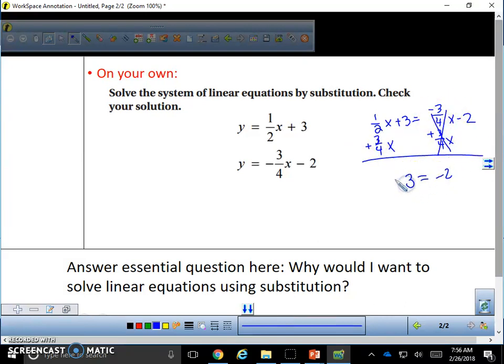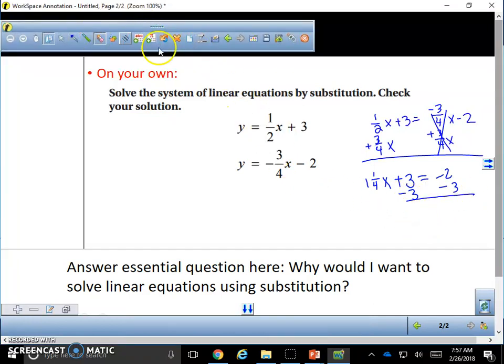Okay, 1/2 x plus 3/4 x. Take away 3, take away 3. I'm going to rewind. It's nicer if I keep this as a whole fraction.